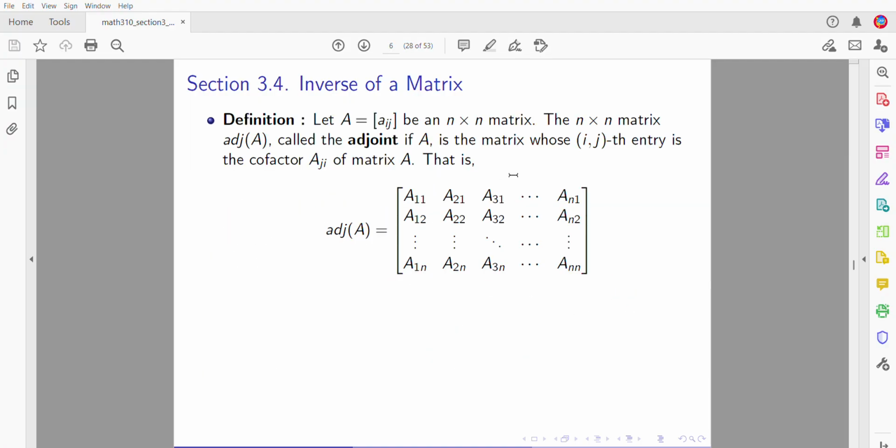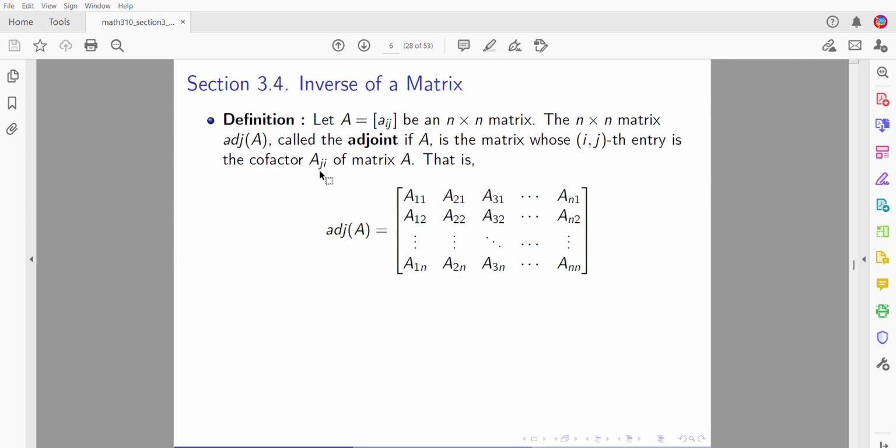Okay, inverse of a matrix. Let Aij be an n by n matrix. You're going to build another n by n matrix called ADJA, which stands for adjoint of A, whose ijth entry is the cofactor.